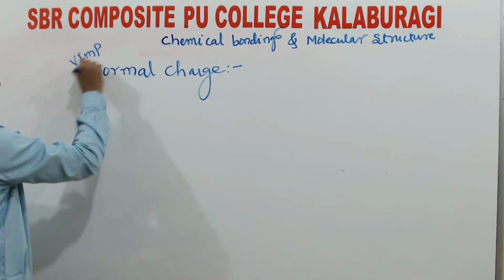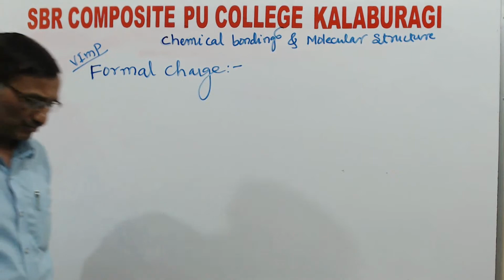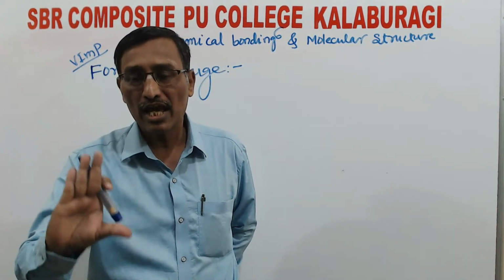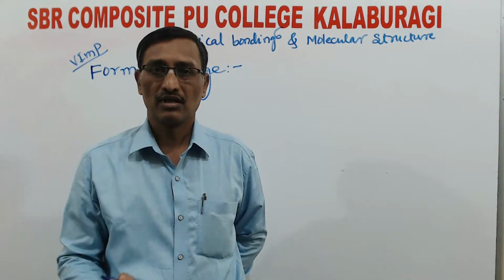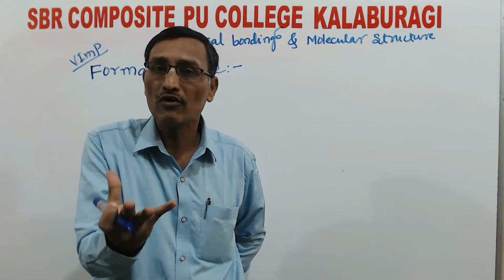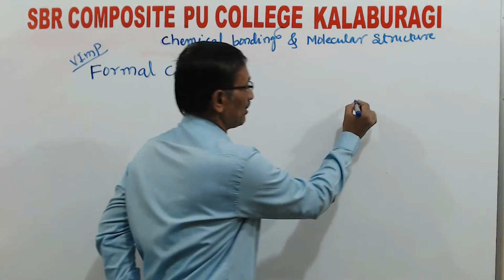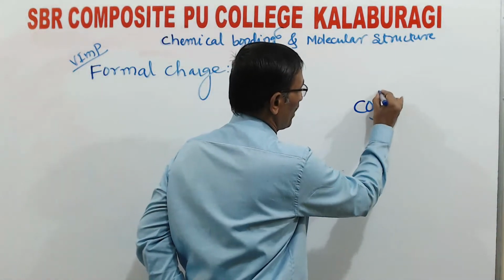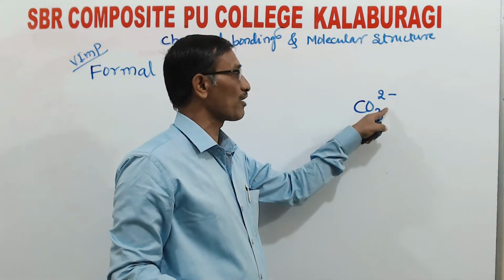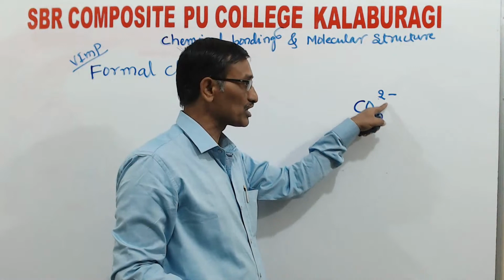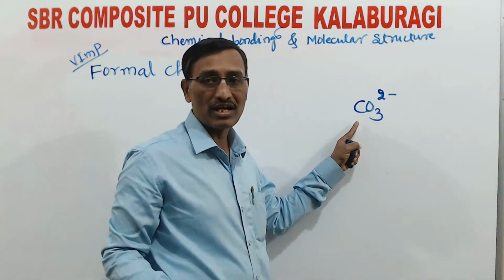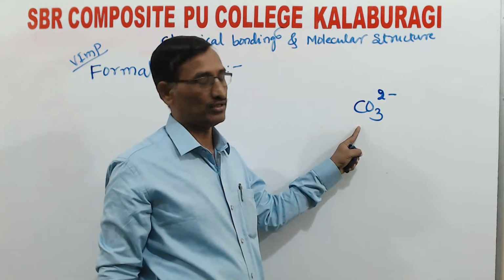In your theory also, in your competitive exam. What I said for you, in a polyatomic ion, the net charge possessed by that ion as a whole you have to consider. For example, if I am taking CO3 2 minus, this net charge 2 minus belongs to the whole polyatomic ion. This net charge does not belong to any particular atom, that one you have to remember.